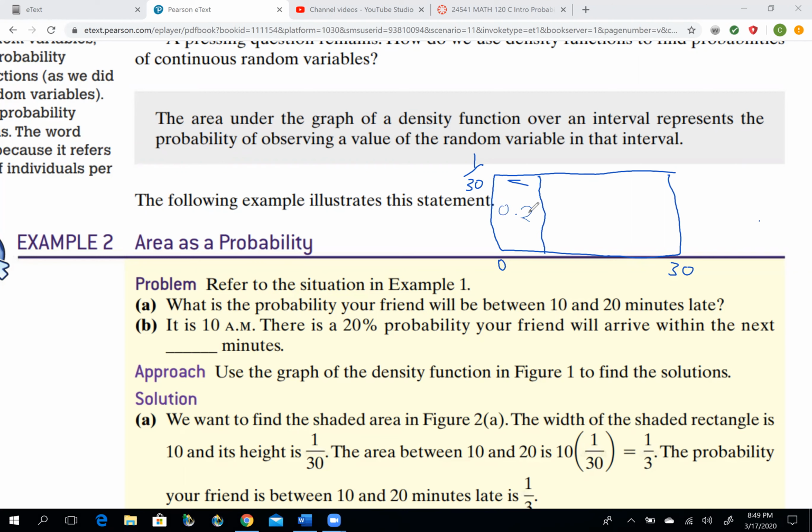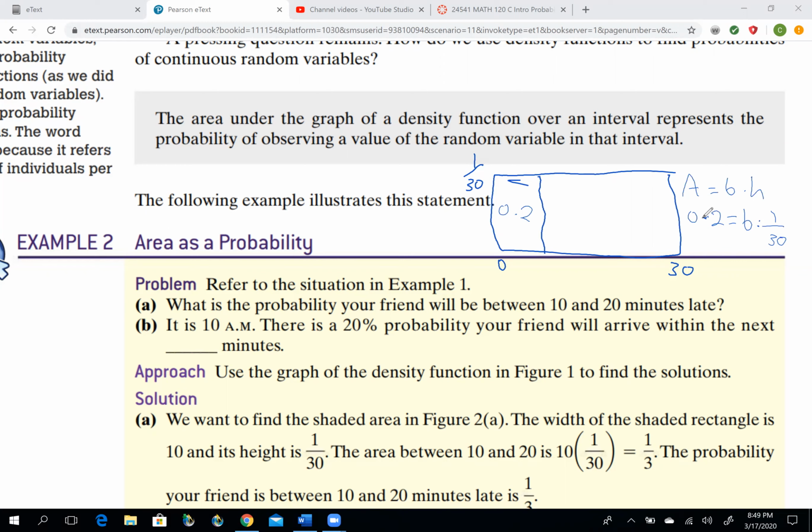So the area is 0.2. Now I know the height is 1/30. So again, guys, the area is equal to base times height. The area I know is 0.2, so 0.2 equals, we don't know the base, times the height, 1 over 30.